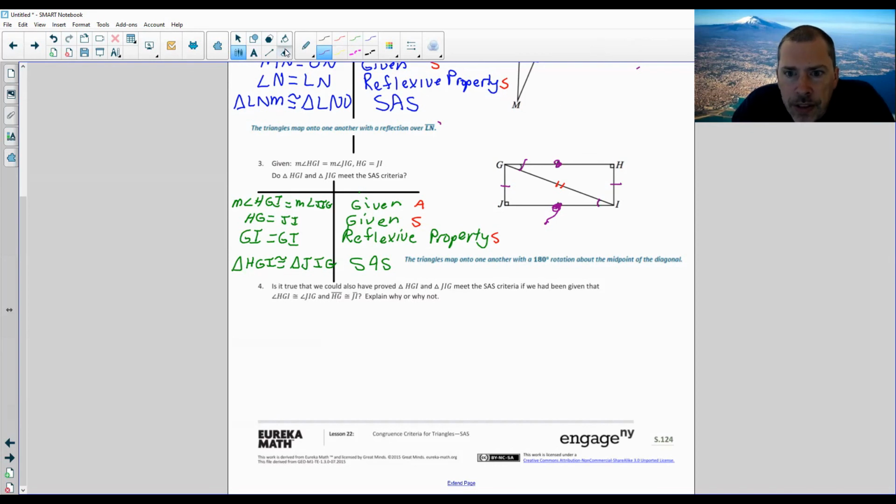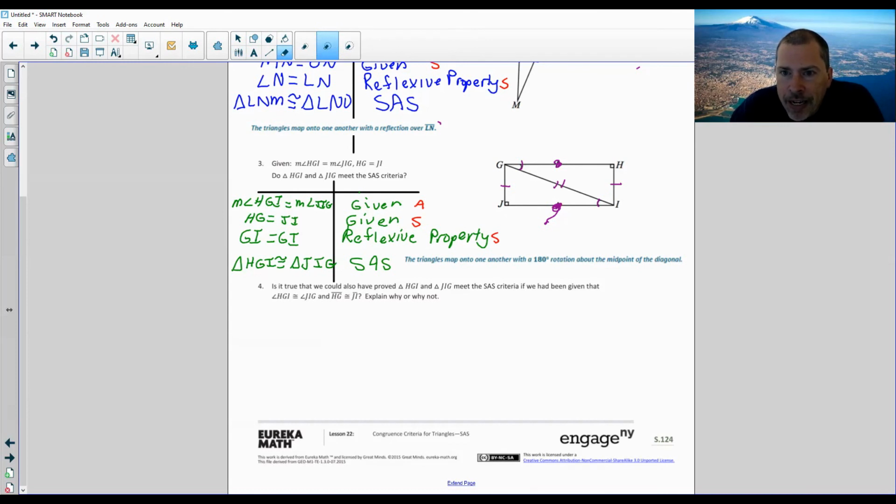Let me erase this. Okay, so if we know HGI, so we have this angle here and these sides, and then we know these are congruent because of the reflexive property.